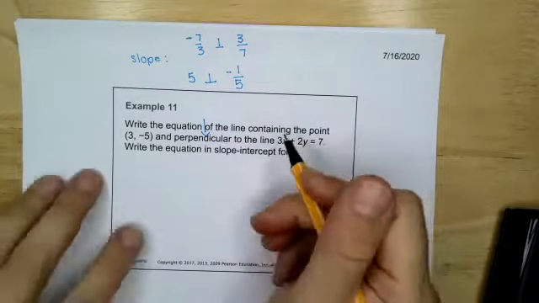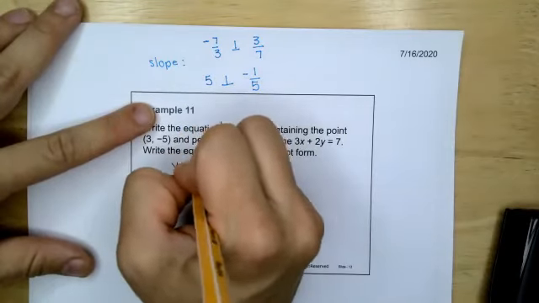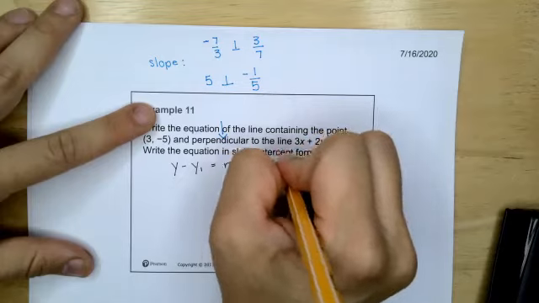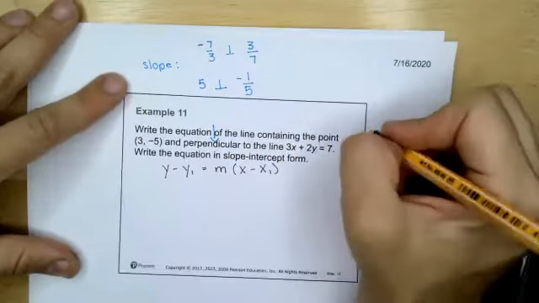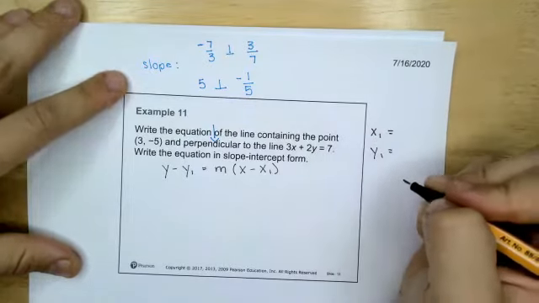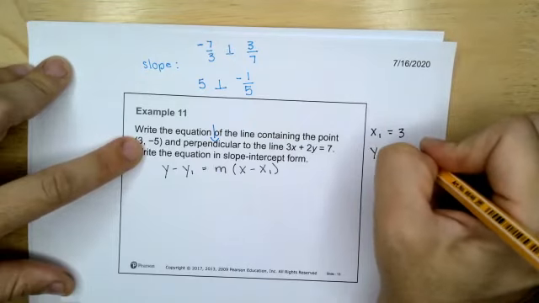Okay, so for this, we are going to use y minus y1 equals m times x minus x1. We can tell what x1 is and what y1 is right now. x1 is 3, y1 is -5.